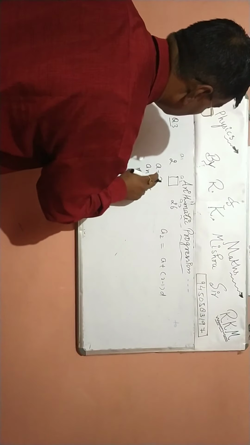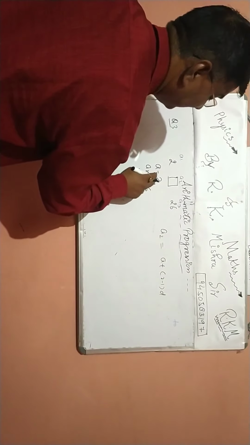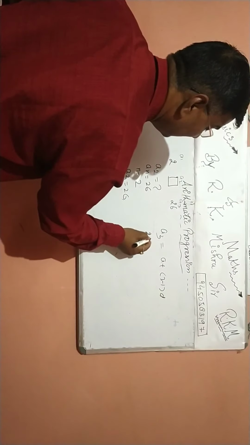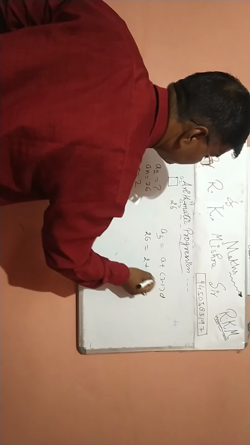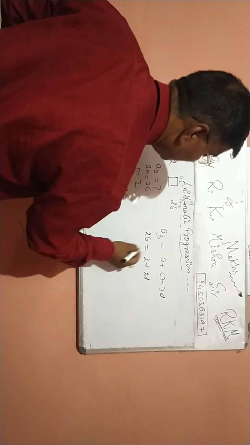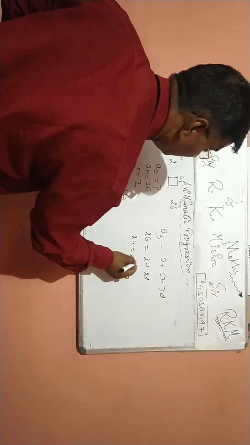You have to find A2. A3 is 26, so A3 is A plus 3 minus 1 into D, equals 26. A is given 2, plus 2D. 24 is equal to 2D, so D is equal to 12.